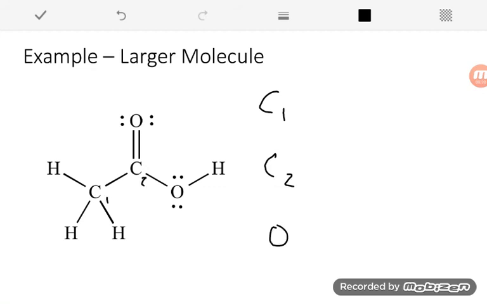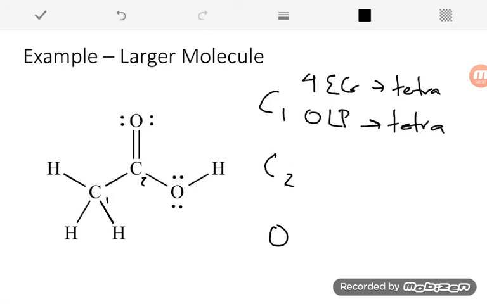C1, C2, and O. All right, if we look at C1, it has 4 electron groups. It has 0 lone pair. So its electron geometry is going to be tetrahedral. And its molecular geometry, because it has 0 lone pairs, is going to be the same thing. So that's going to be tetrahedral. So C1, electron geometry tetrahedral, molecular geometry tetrahedral.